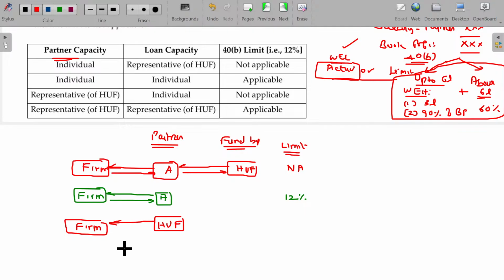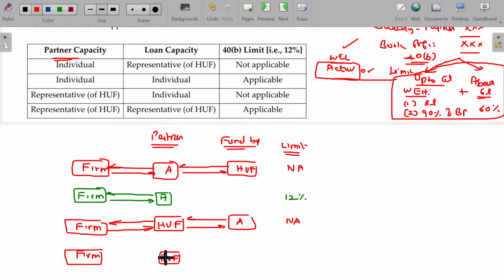Hindu undivided family. And in the Hindu undivided family, Mr. A is a member. The member gives the fund to the HUF, one of the members of the HUF. The HUF gives the loan to the firm out of that fund. Interest is transferred from the firm to the HUF and later on it is ultimately transferable to A. So actually the partner being HUF, but the fund received from the member will not be considered as the partner's loan. So limit is not applicable.